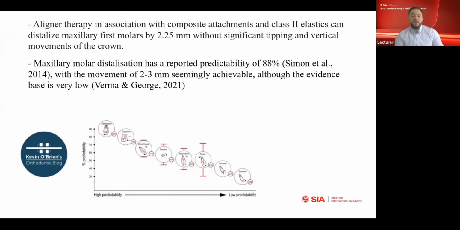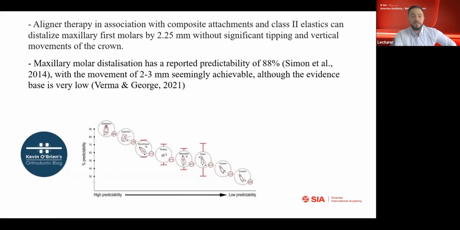So we all use aligners, and we need to check how predictable the movements are. Unfortunately, we don't have strong evidence about all kinds of movement, but recently I have seen this blog comparing different kinds of orthodontic tooth movement and how predictable they are.